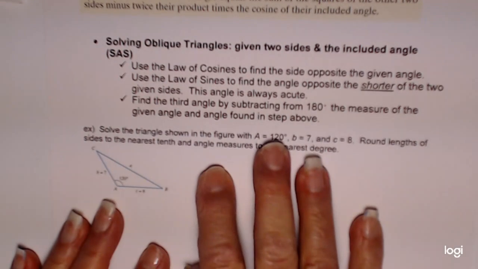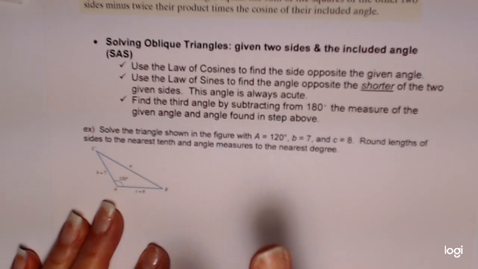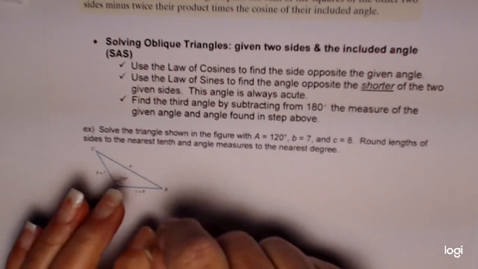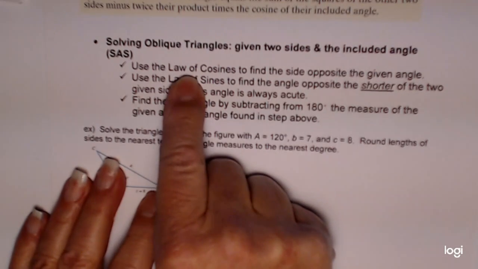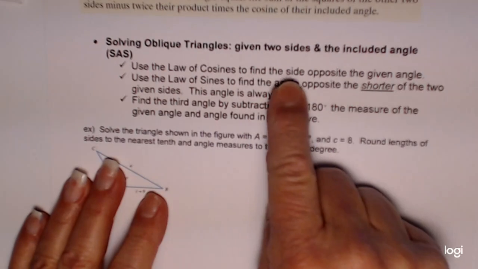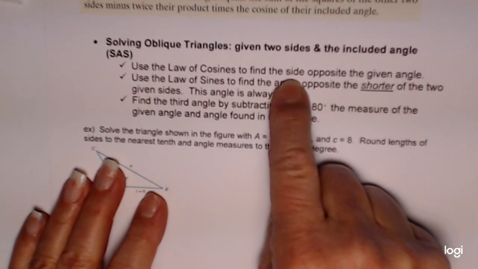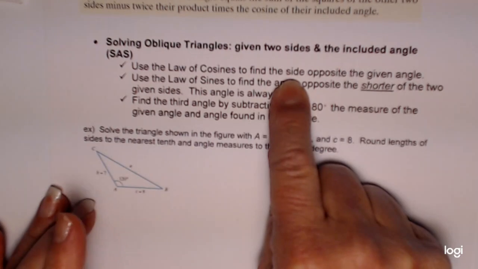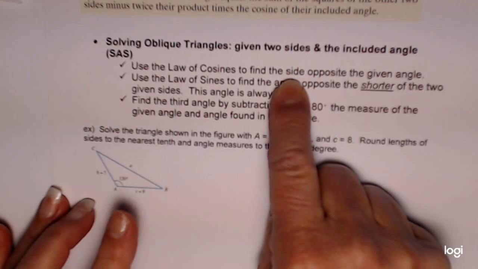So the general approach when we're given two sides of a triangle and the angle that's in between them, not opposite either of those sides, is first we're going to use the law of cosines, and we're going to find that missing side of the triangle. So now we'll have all three sides. We only have one angle, so we're going to need to find two angles.